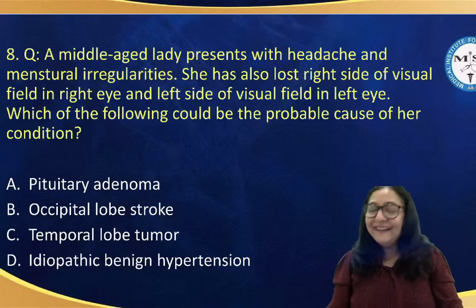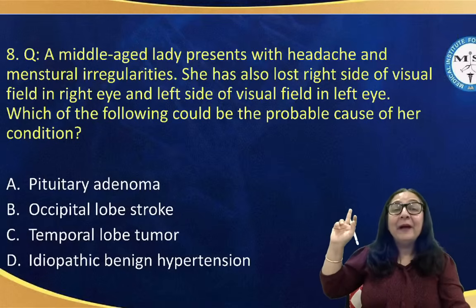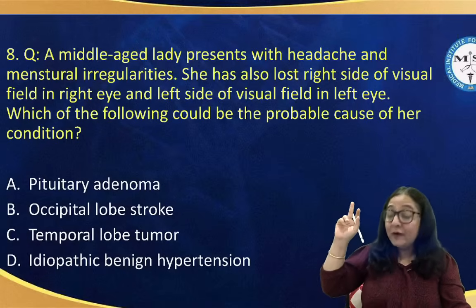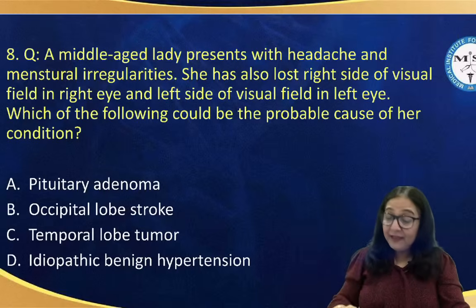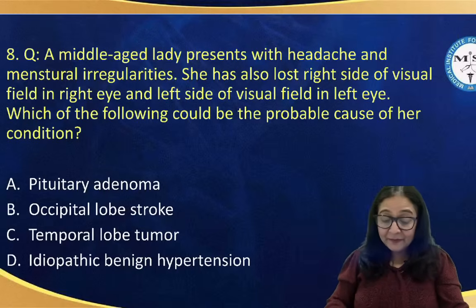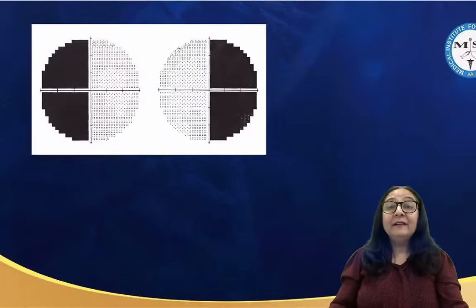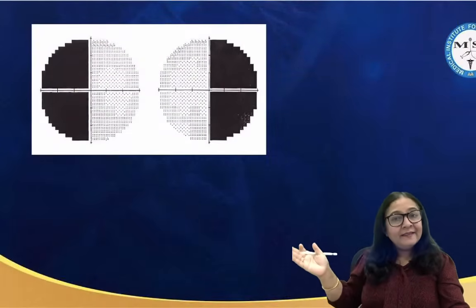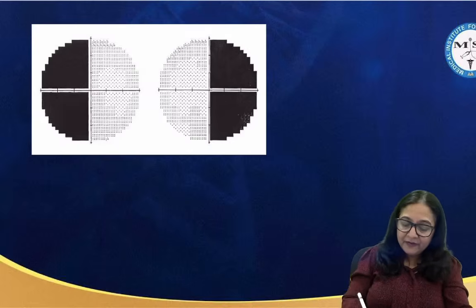So here, first of all you have to identify what type of field defect is there. Though you have already given me the answer, just for discussing and revising: right side of the right visual field. This is your right eye, this is your left eye.